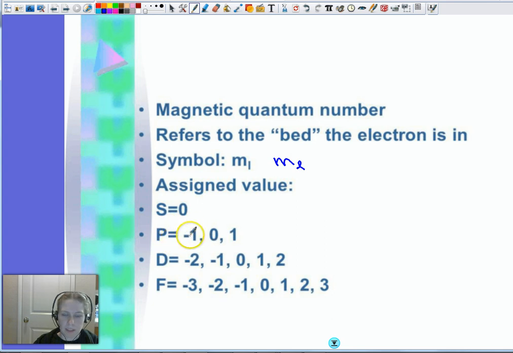A p orbital can either be -1, 0, or 1. d can be -2, -1, 0, 1, or 2. Remember, d orbitals have 5 orbitals, and so this makes sense that we have 5 locations. And f has 7, so we go from -3 to 3.